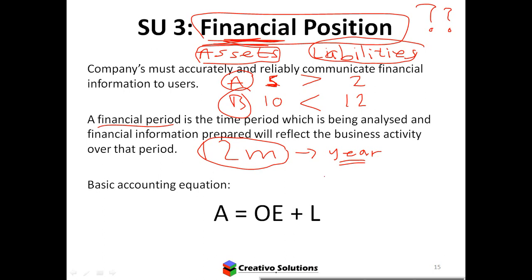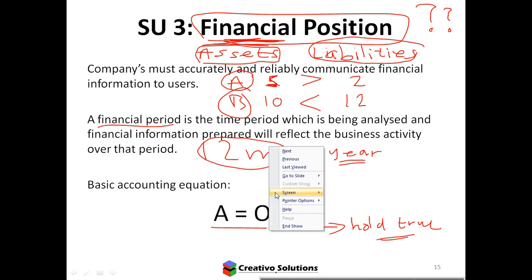The basic accounting equation is A equals OE plus L. Notice how I can rearrange this. I can make OE the subject if I wanted to. I could make liabilities the subject if I wanted to. But this equation will hold true because companies are going to have assets, liabilities, and owner's equity.